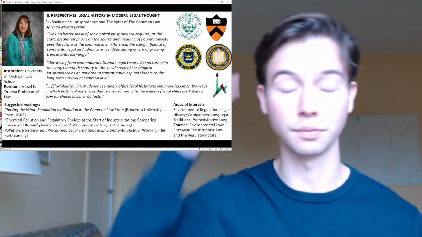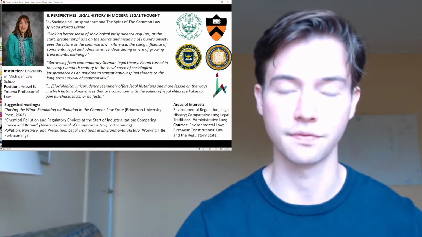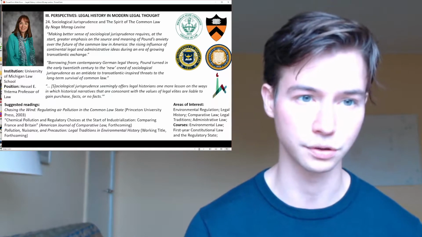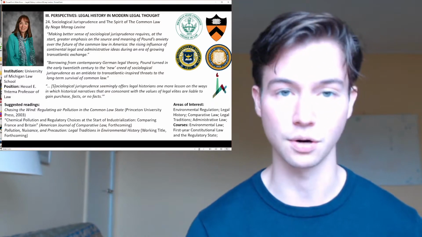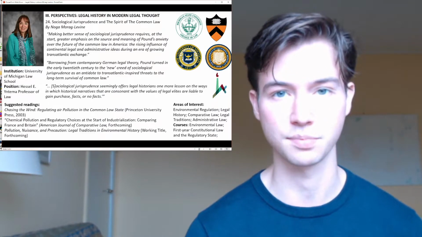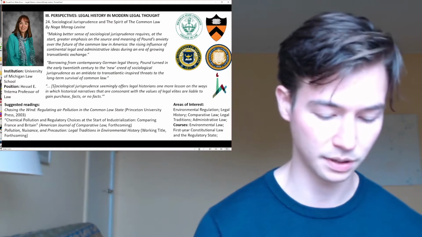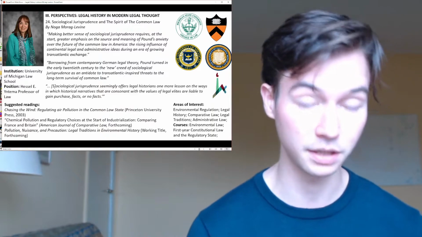So Roscoe Pound advocates for a new form of jurisprudence called sociological jurisprudence that is not like Blackstone or the legal formalists as previously discussed, but takes into account the needs, interests, and opinions of society today.